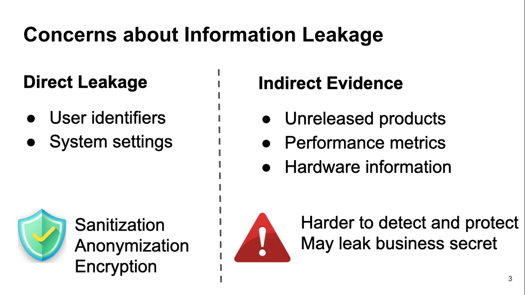Although direct leakage can be protected by sanitization, anonymization, or encryption, the indirect evidence is much harder to detect and protect. Meanwhile, this evidence may leak important business secrets. For example, the performance metrics can create targets for competitors, and leaking information about hardware used in a company can increase the cost of obtaining this hardware in the future.